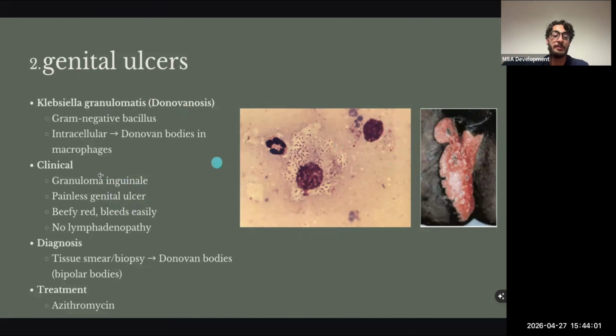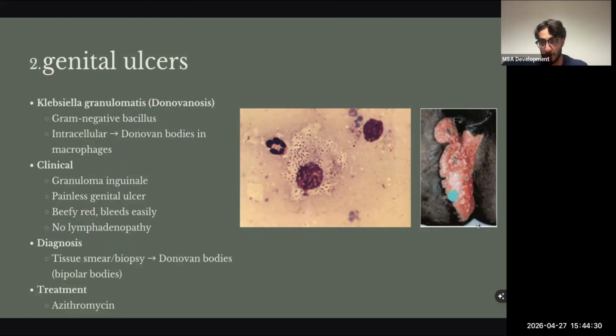These ulcers are going to be painless, remember that, painless genital ulcers, and they're beefy red and they bleed very easily. So if you get a young patient with high risk sexual activity, for example, and they get this sort of ulcer that bleeds on contact, then you're going to think Klebsiella granulomatis, or donovanosis, or granuloma inguinale. All right. And there's usually no lymphadenopathy with donovanosis.